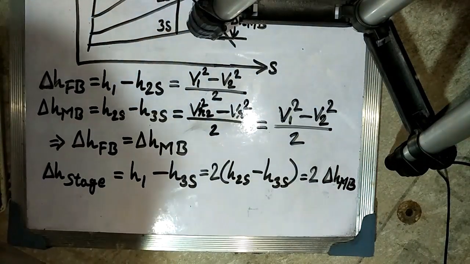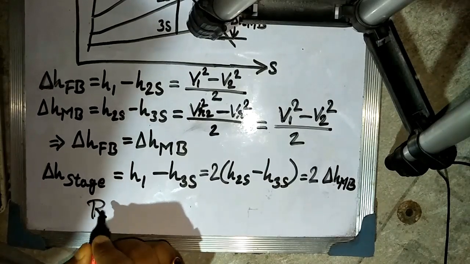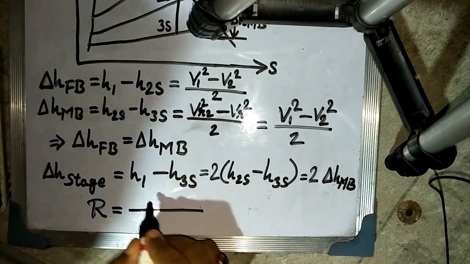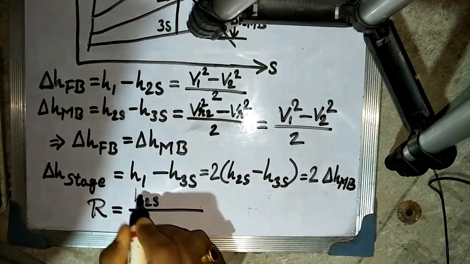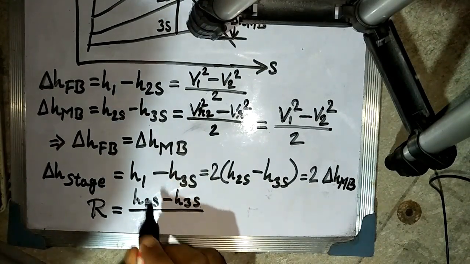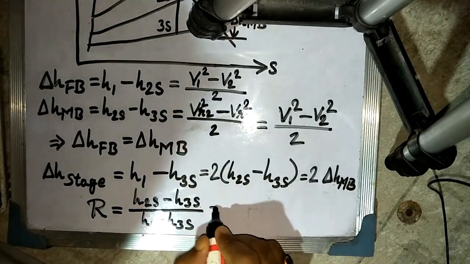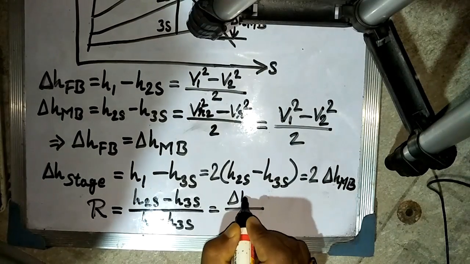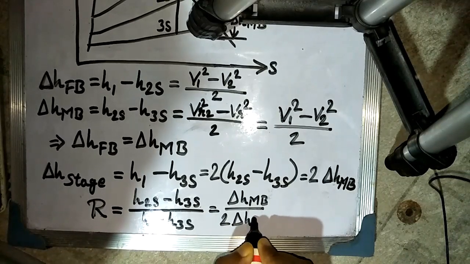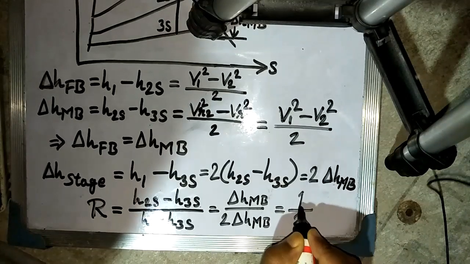So the degree of reaction, from the formula we know, is H2S minus H3S by H1 minus H3S, which is equal to del H MB by 2 into del H MB, so that is equal to half.